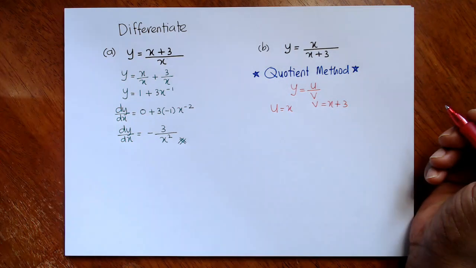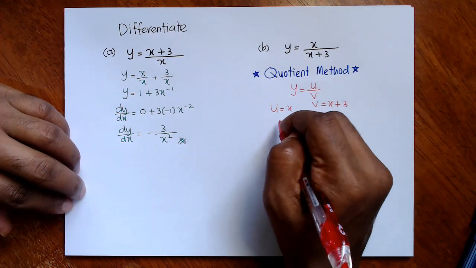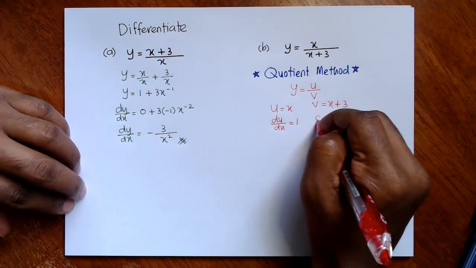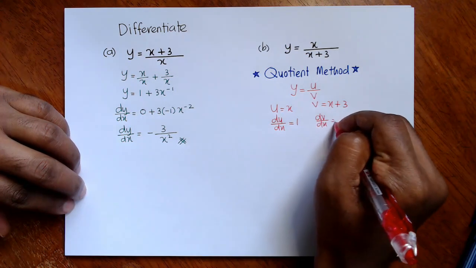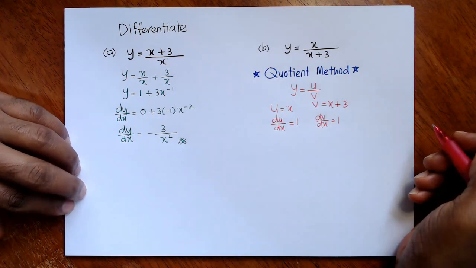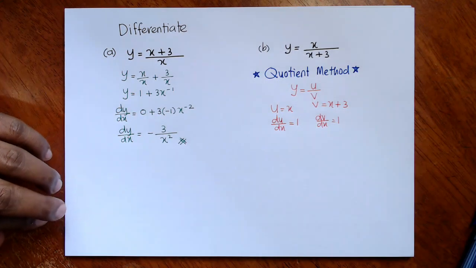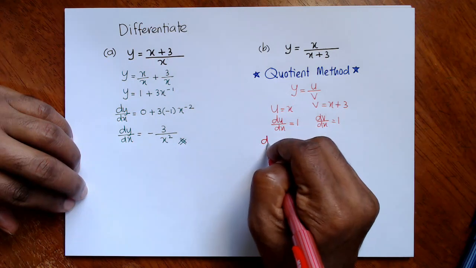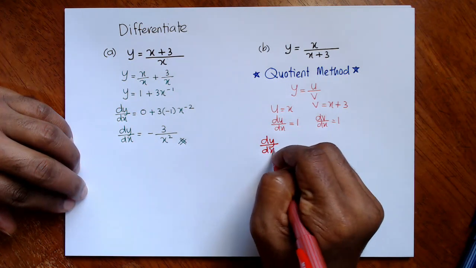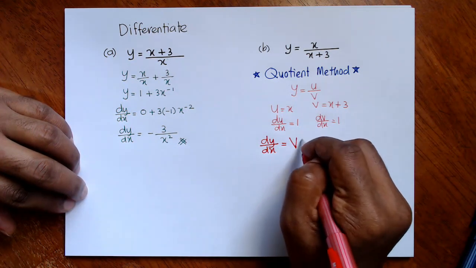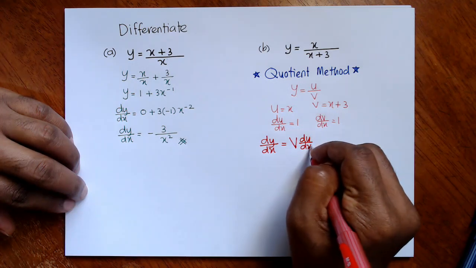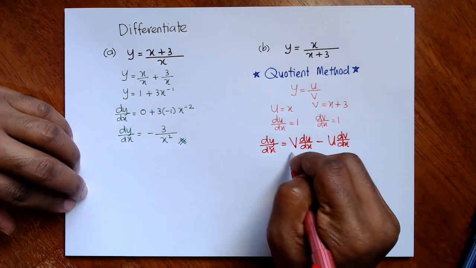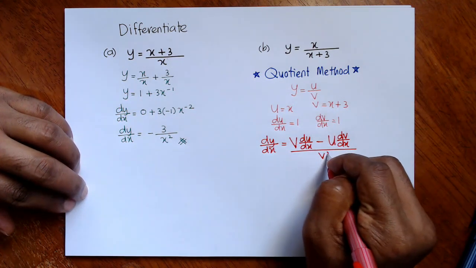Now we differentiate them individually. du dx becomes 1, dv dx also becomes 1 because 3 becomes 0. Then we have to write down the formula. The quotient method has its own formula, where dy dx equals v du dx minus u dv dx, over v square.